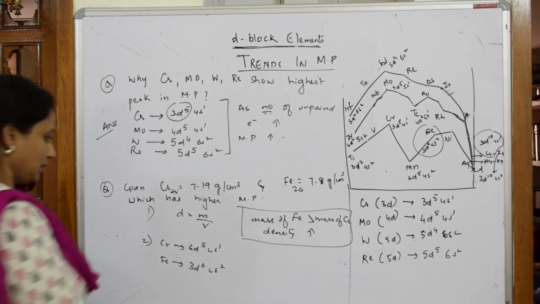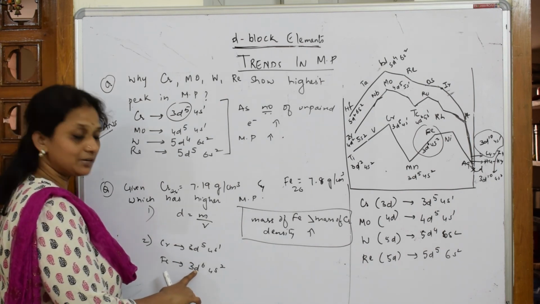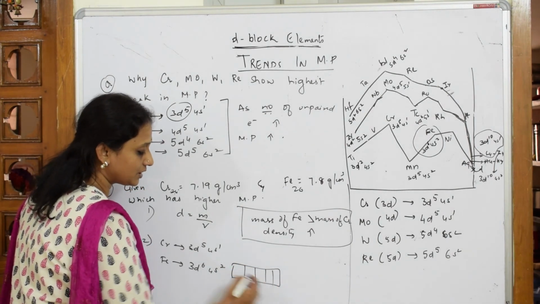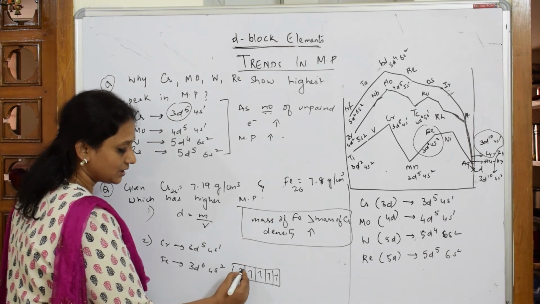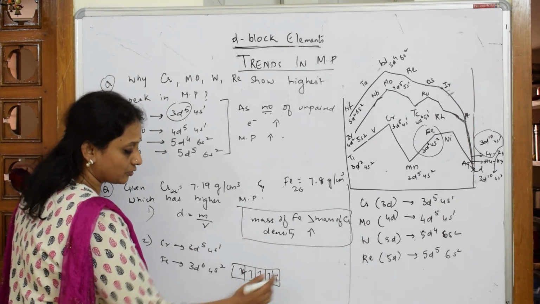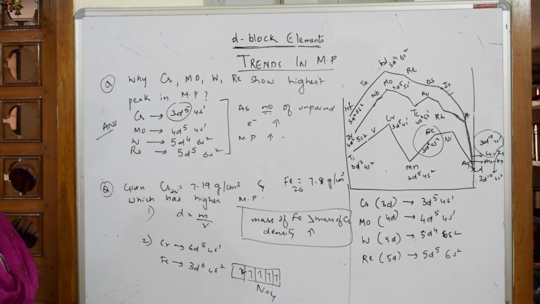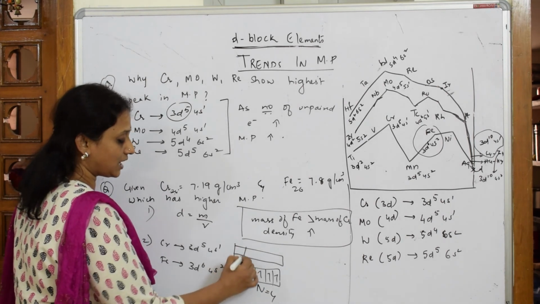Now if I compare these two, how many unpaired electrons do we have here? You have 1, 2, 3, 4, 5 and 6. And in iron, how many unpaired electrons? 1, 2, 3, 4. n is equal to 4. 4 unpaired electrons. Yes or no? Yes.